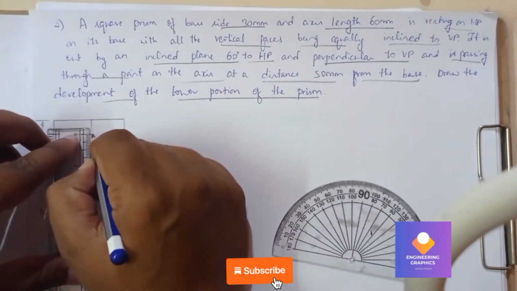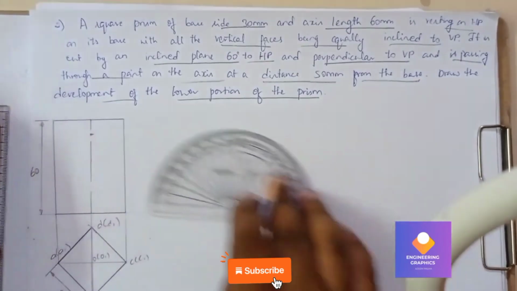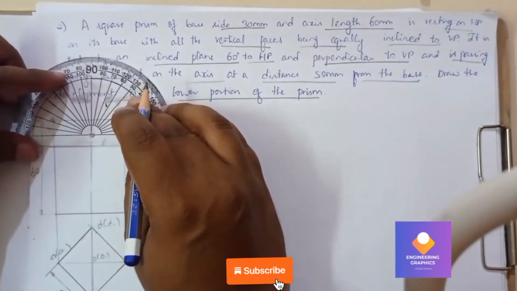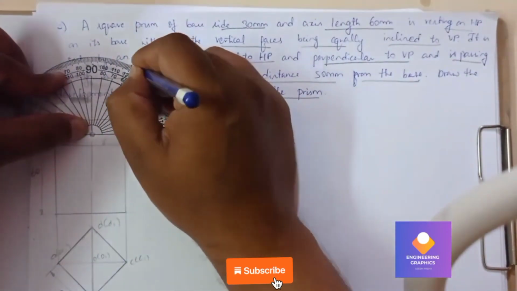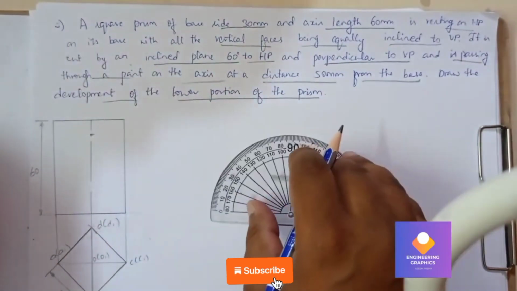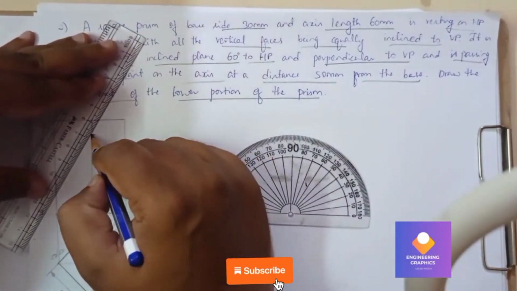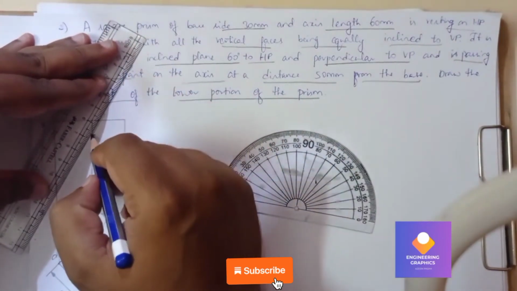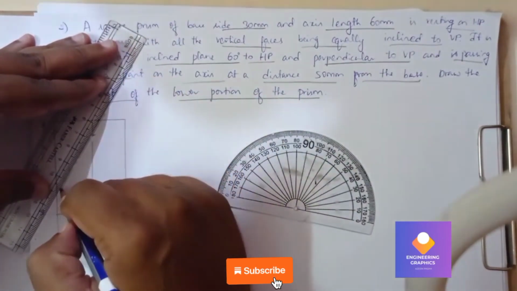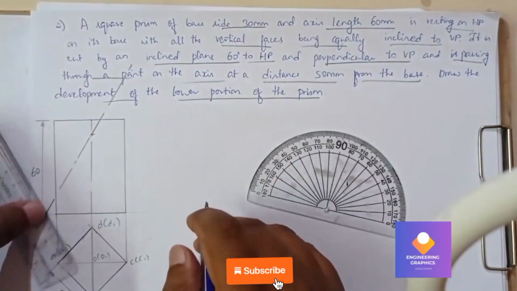Mark a point for 50 mm, that is 5 centimeters. Then take the protractor and mark an angle of 60 degrees here, and then draw a line passing through that angle point. So mark the reference point. Till there we can draw the cutting plane here.